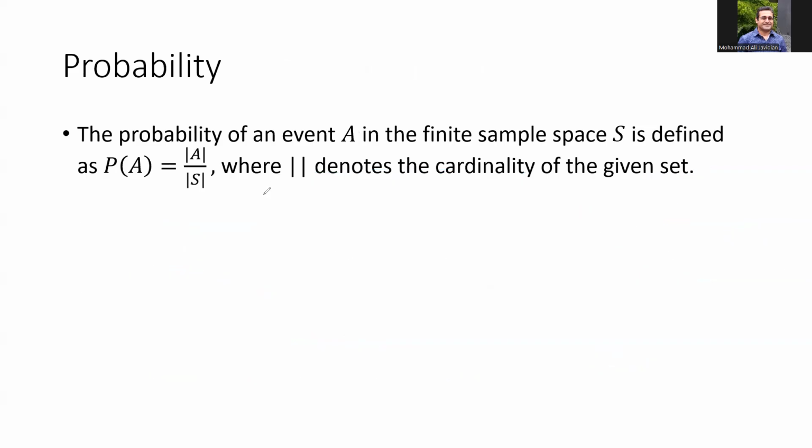The way that we can define the probability of an event is using the frequency technique, which means the probability of an event is computed as the ratio of the number of times that event A happens with respect to the size of the sample space.